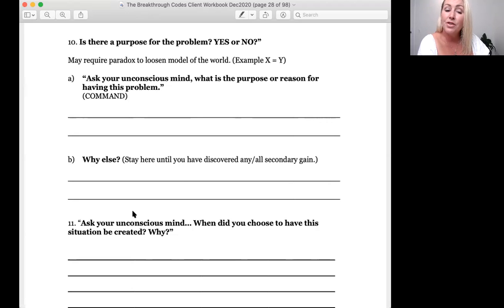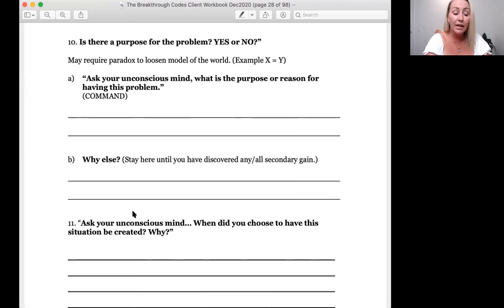But ask your unconscious mind, again, is there a purpose for this problem, yes or no? That could help reframe it for them. Ultimately, you need to stay here in this process to reframe them. And of course, when we get to B, we also need to uncover all of the secondary gain, if there is any.